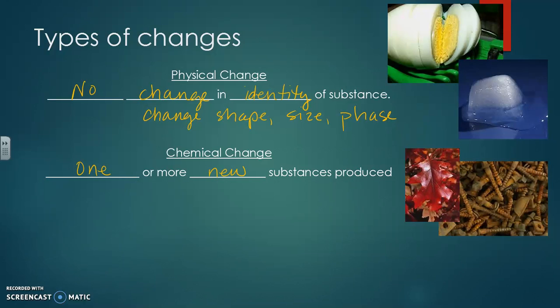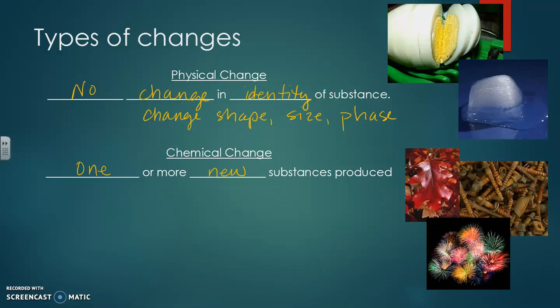That leaf, when it changes from green to orange and then to brown and dead, there's a chemical change happening inside of it. And then the fireworks: you're applying heat and the gases explode, and the beautiful colors you see are from the different chemicals that are being burned in that fire.